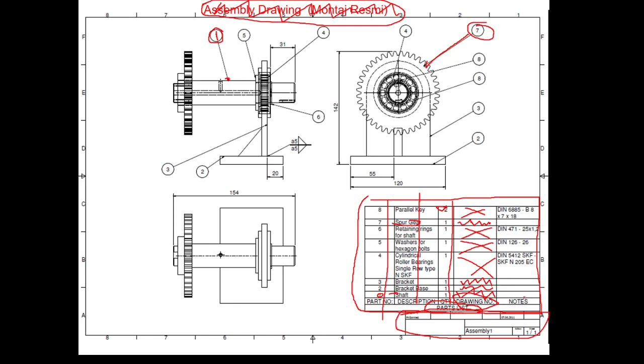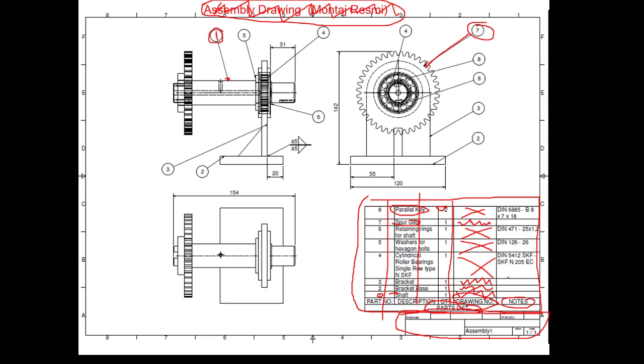The notes column is extremely valuable for standard components. Okay, there is a parallel key, but which kind of parallel key? Or what is the code of the document? The document number is also called the standard, to refer to in the library.